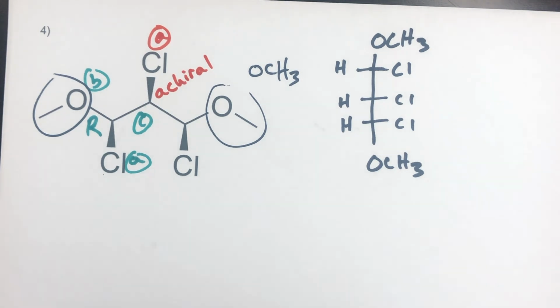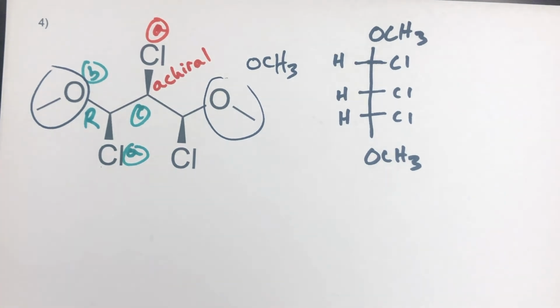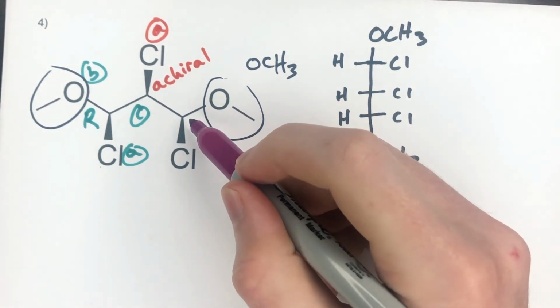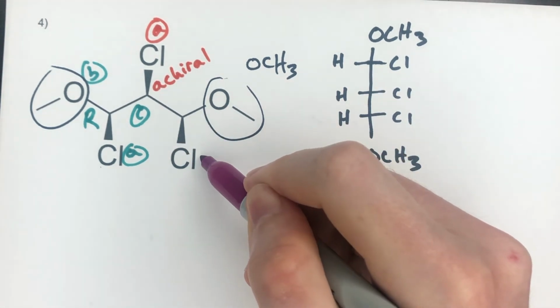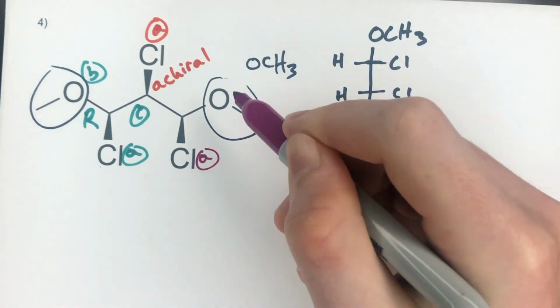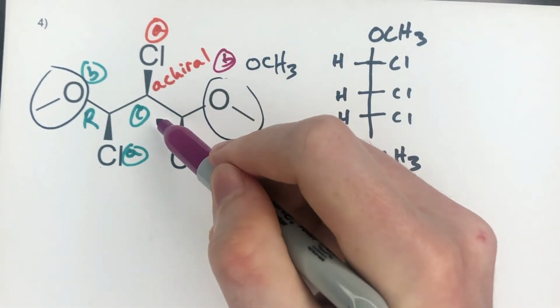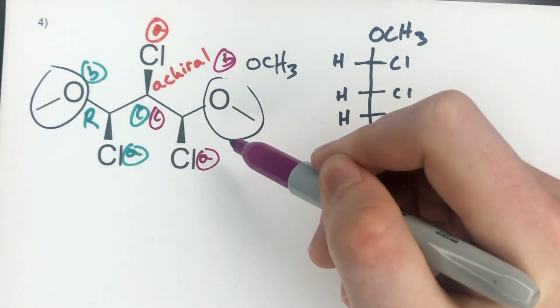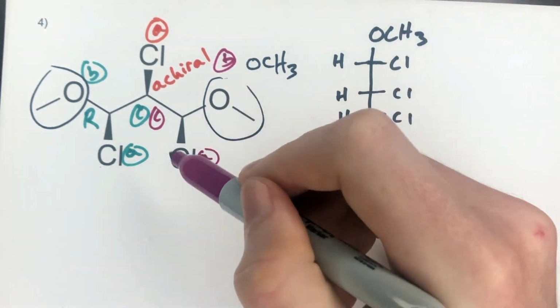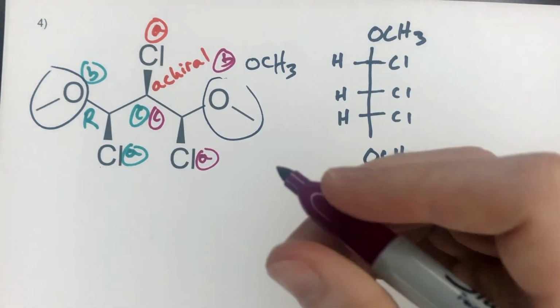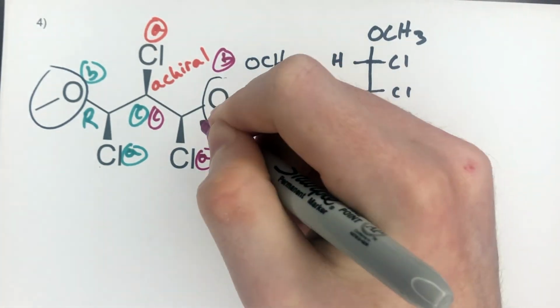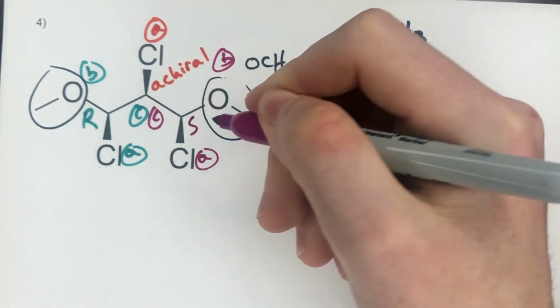Okay, so then we move to the next center, the next carbon here, that is this one. And we have our chlorine is the highest priority, then the oxygen, then the carbon bound to the chlorine. So that's C. So ABC, that looks like S, and it is in fact S because the hydrogen is in the back.